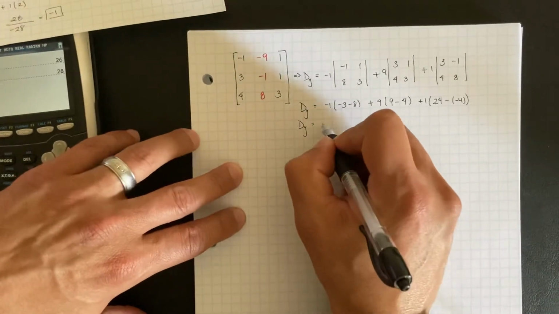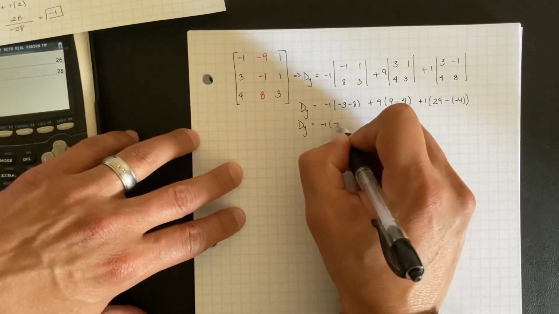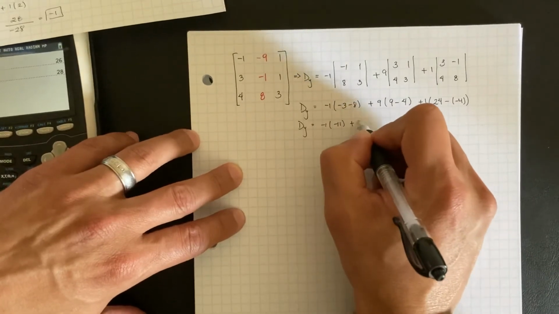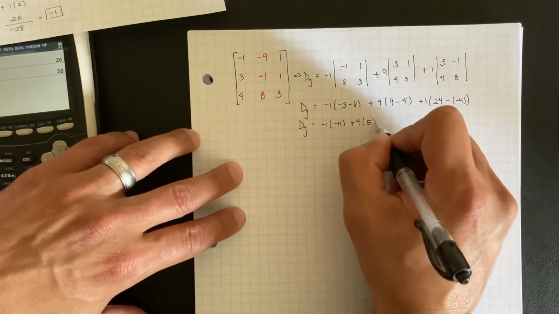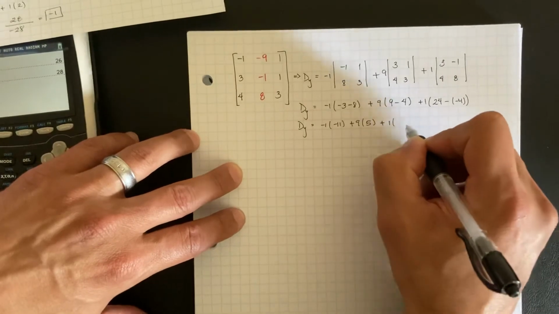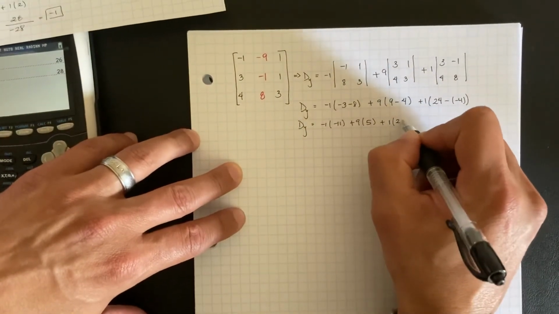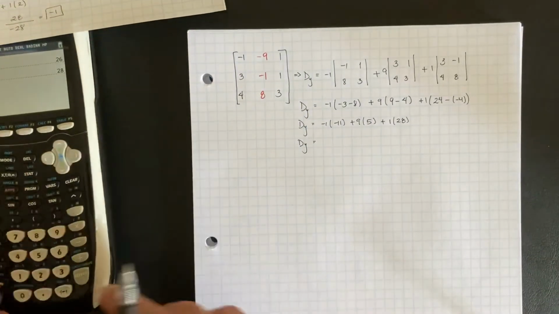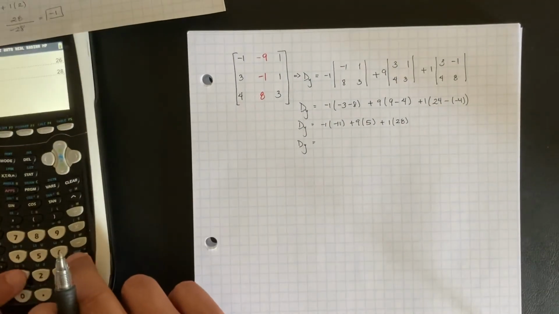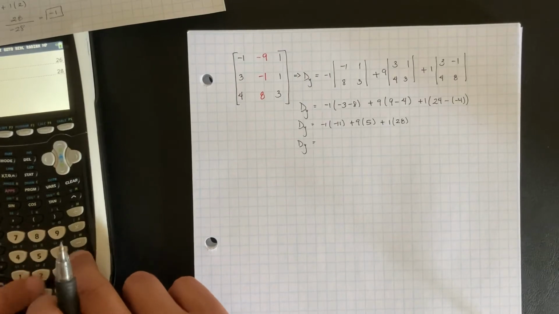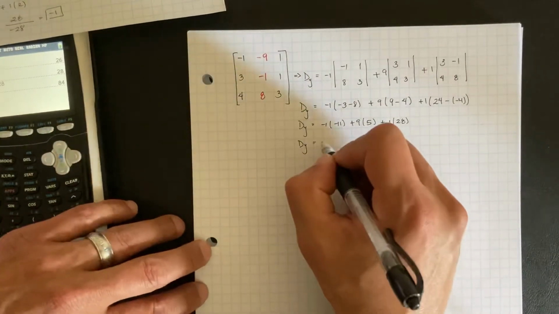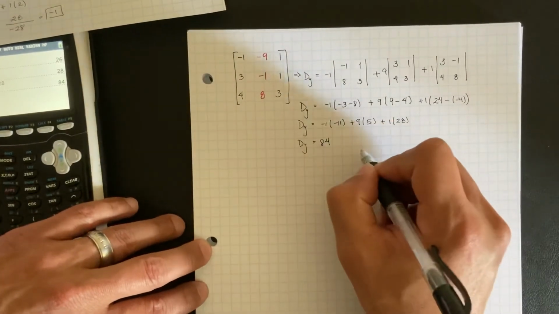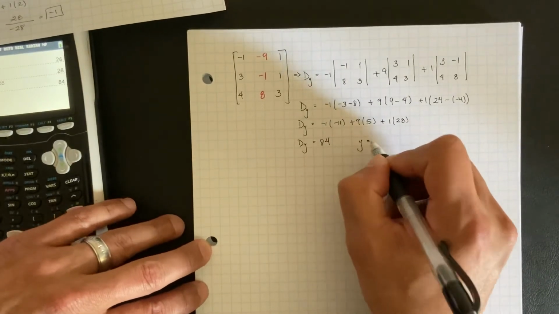So now we have negative 1 times negative 11. And then we have positive 9, and then 9 minus 4 is 5. And then plus 1 times 24 plus 4, that's 28. So be careful with that, okay? And the last thing we're going to do is see that's going to give me positive 11 plus 45 plus 28. That's going to give me 84. Okay, so hopefully I did everything correctly.